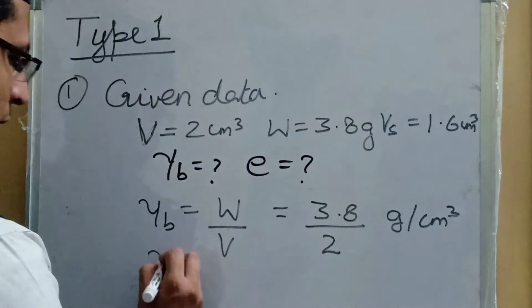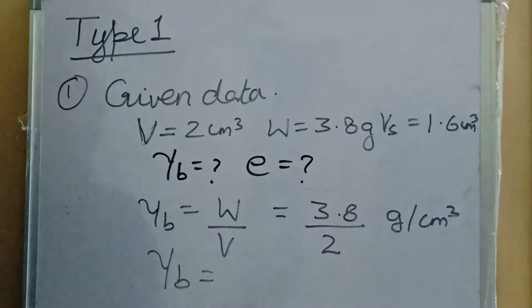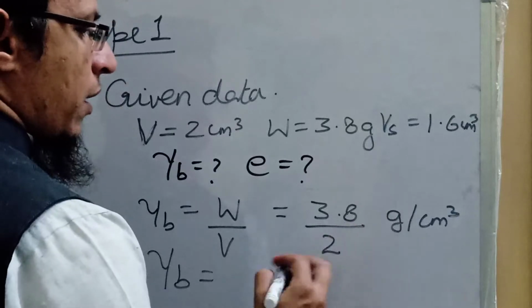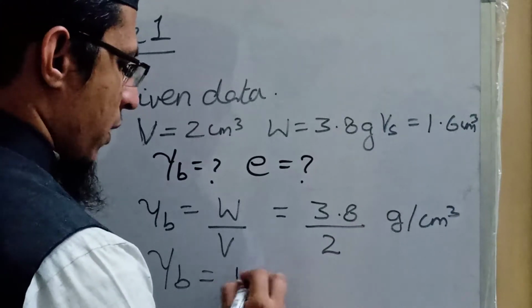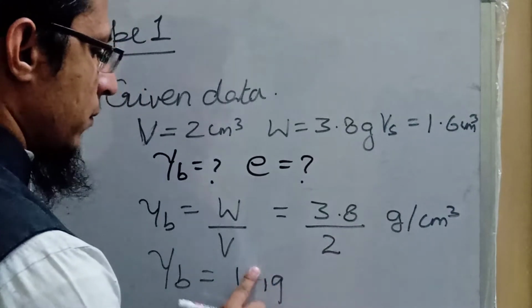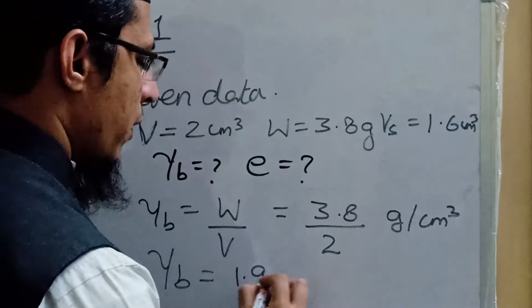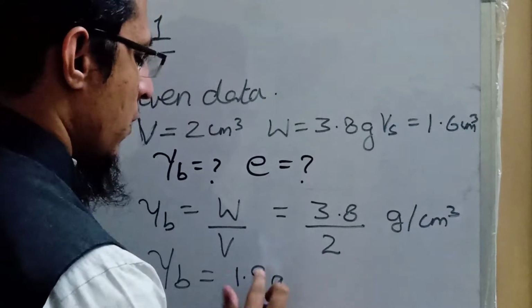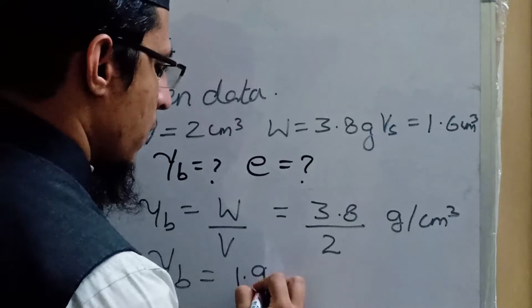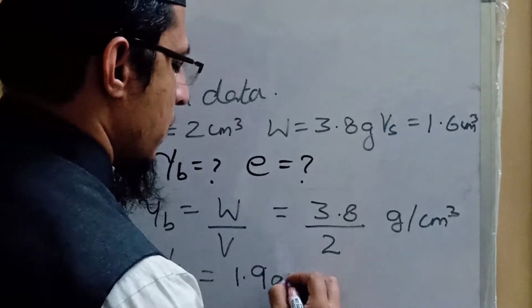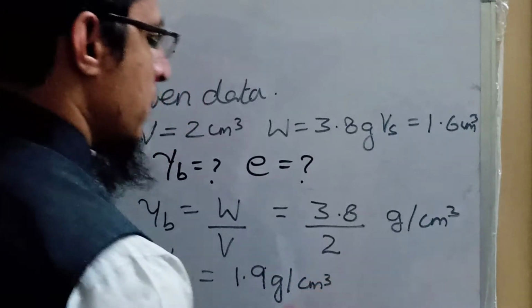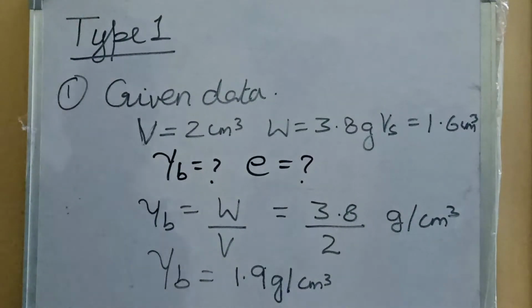So we have the bulk density as 3.8 divided by 2, that is 1.9 gram per centimeter cube.